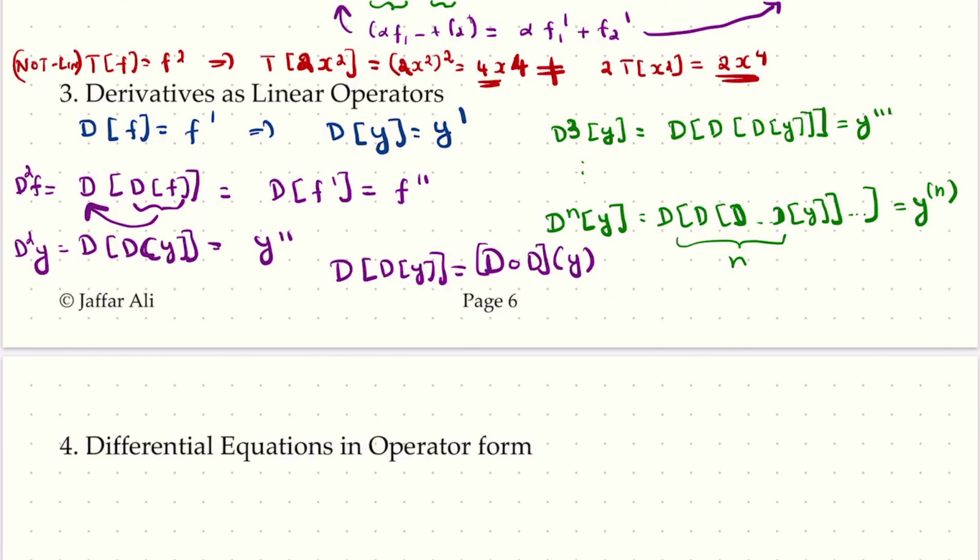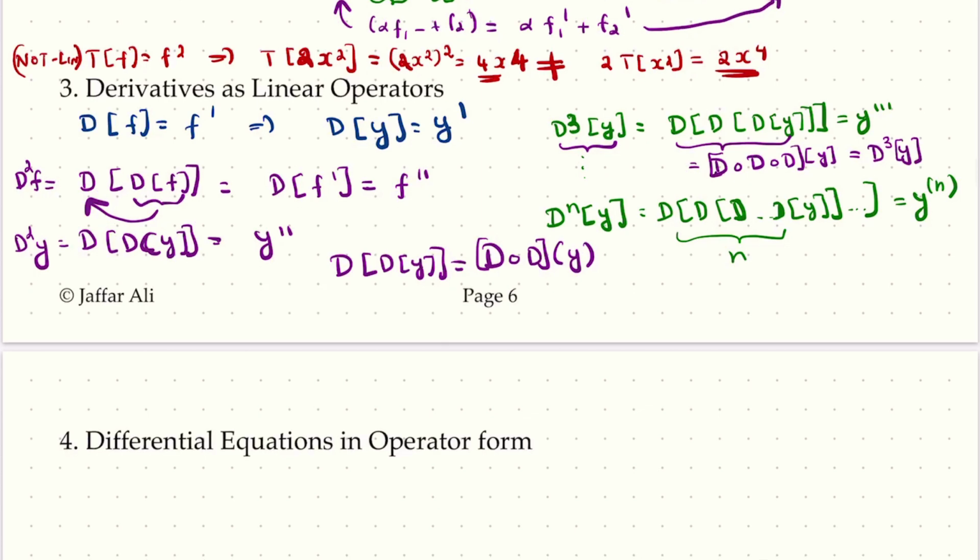So this d cubed is the same as saying d operated with d operated with d, in other words composed with d, of y. And that's a composition of functions. So this is what we call d cubed of y. Something that you need to know.